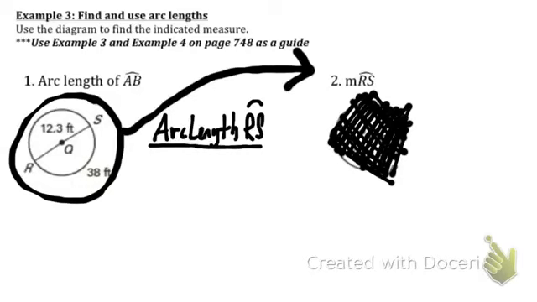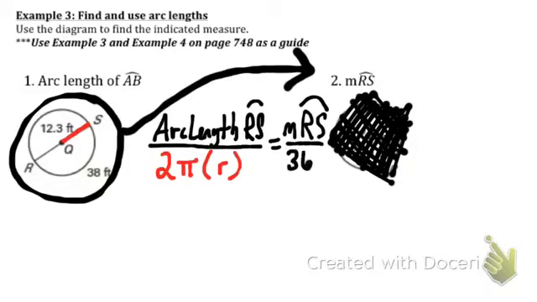Arc length is still the part of the circumference. It looks deceiving, but the radius is 12.3. So I'm going to use 2 pi r as my formula for the circumference, and that ratio is equal to the measurement of arc RS over 360.